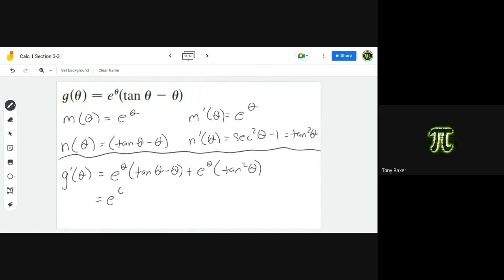So we can pull out our e^theta and we get tangent squared theta plus tangent theta minus theta. And that's as far as you can go for that one. Or if you didn't change it, it would have been secant squared theta minus 1 plus tangent theta minus theta. Both answers would have been correct in this case.